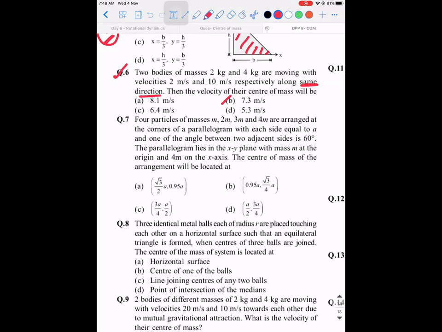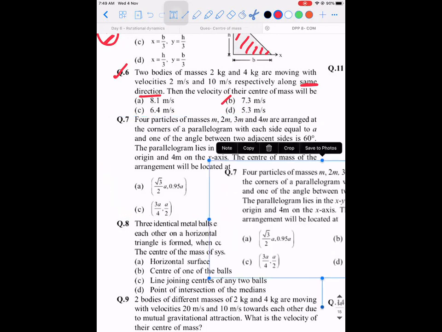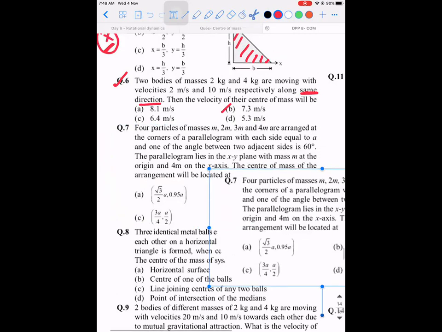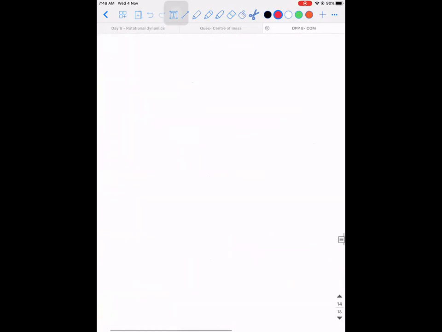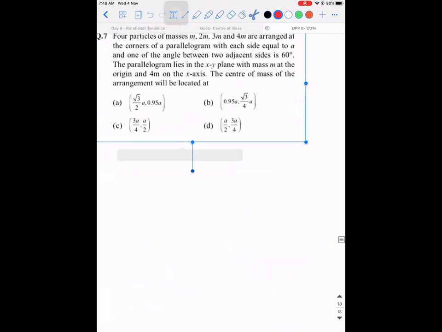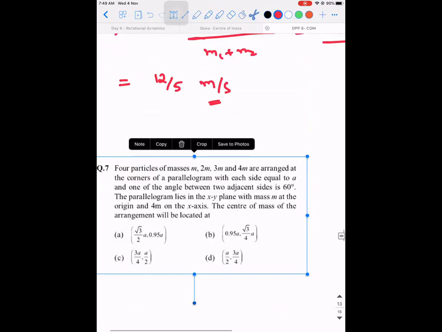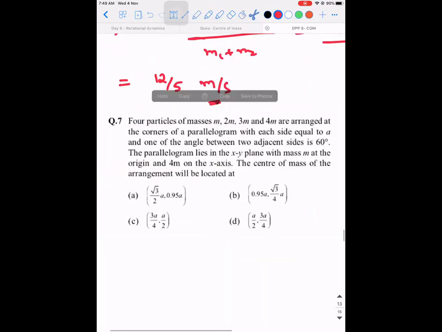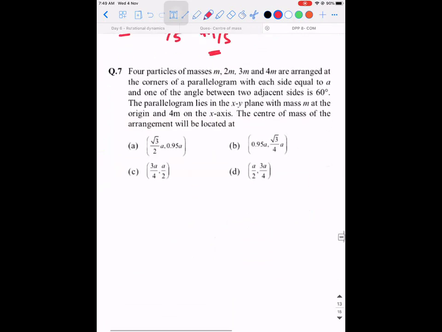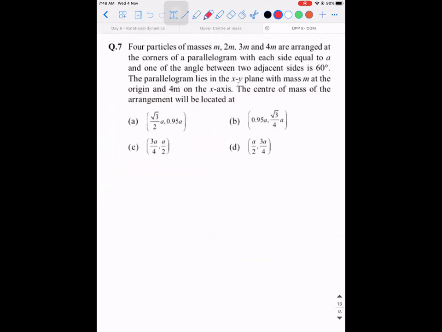How to proceed? Anybody who can tell me the idea?